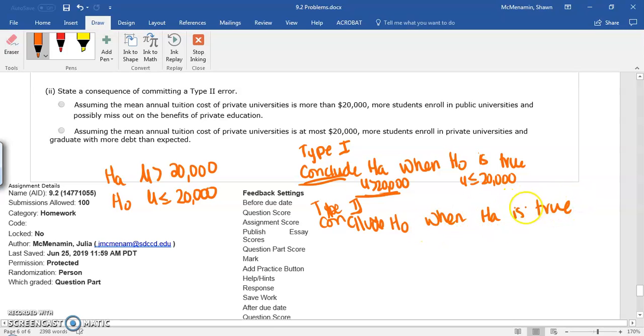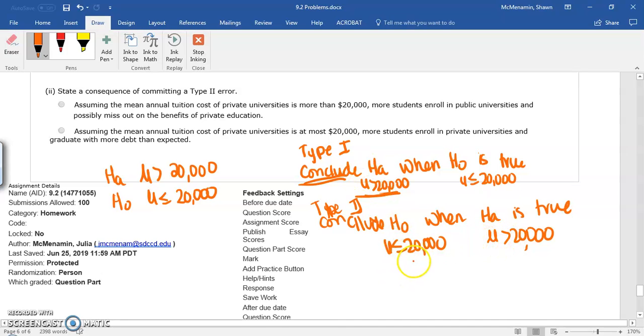If the null is false, that means HA is true, and you don't actually conclude H naught, you fail to reject H naught. But to make it easier to answer these questions, we're concluding the null. So we're concluding that the mean is less than or equal to 20,000 when in reality it's actually greater than 20,000.